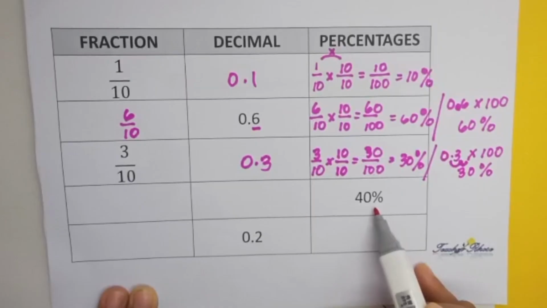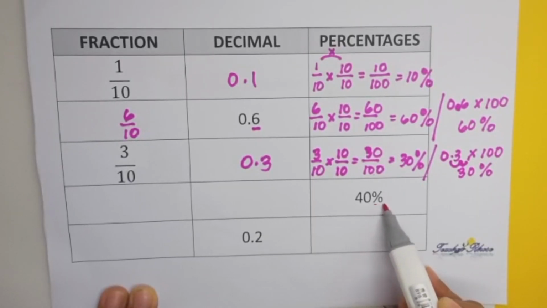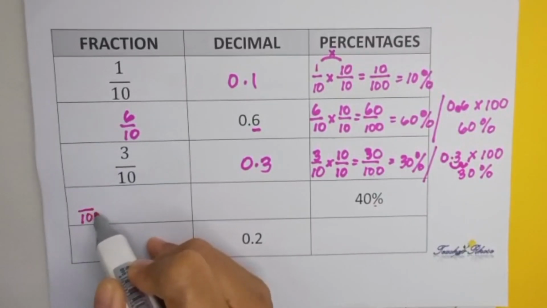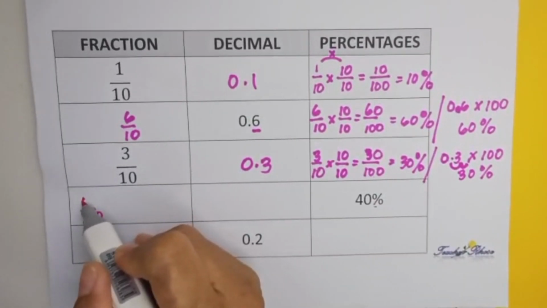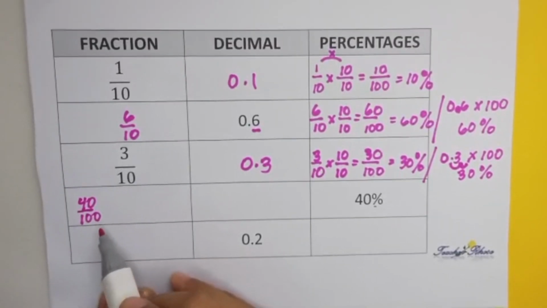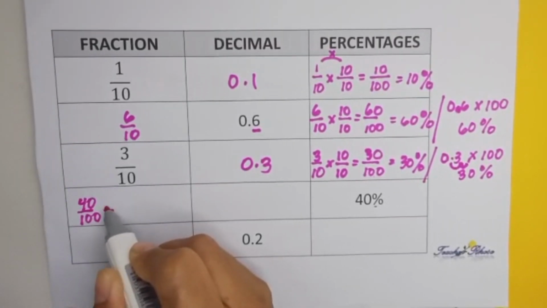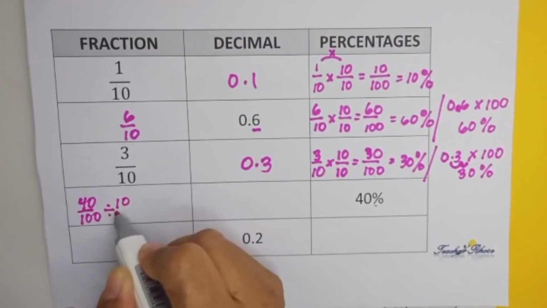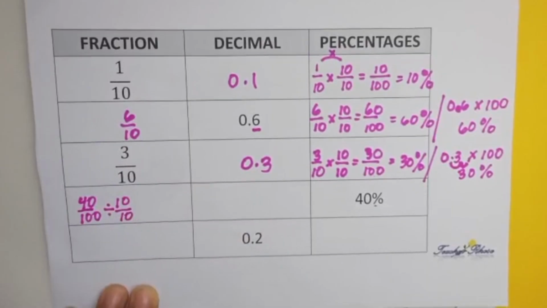Let's figure it out first. I know that the percent sign means over 100. So I have 40 over 100, right? To reduce this into lowest terms, or to simplify, I will divide by 10 because I know they are multiples of 10.